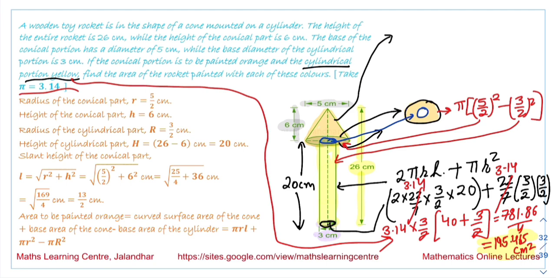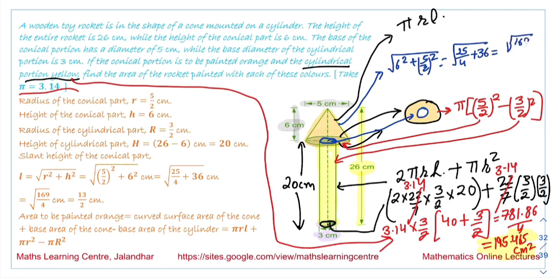The lateral area of this cone, the formula we have is pi RL. When we calculate the value of L, it is the square root of 6 square plus 5 by 2 square. The answer is the square root of 36 plus 25 by 4, which comes out to be the square root of 169 by 4, that is equal to 13 by 2 centimeter.